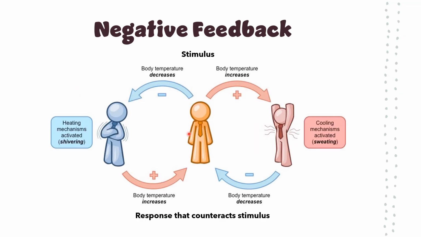Right, so we were looking at the example of body temperature. This is you in the middle. When your body temperature increases, your body will produce a response such as sweating, which counteracts that stimulus and brings your body temperature back down. The same way, if your body temperature decreases, your body will produce a response such as shivering, counteracting that stimulus and increasing your body temperature, bringing you back to a normal range.